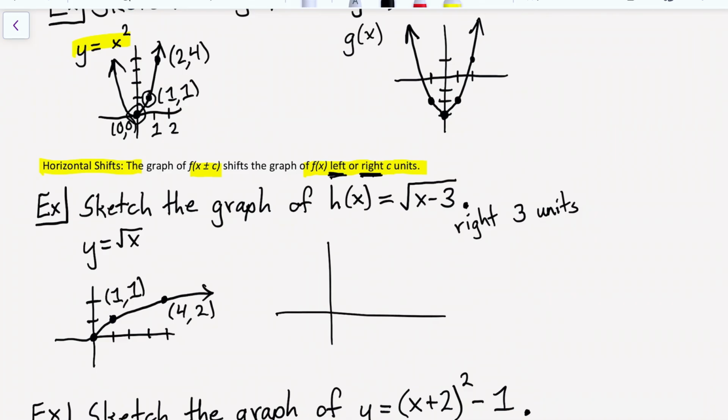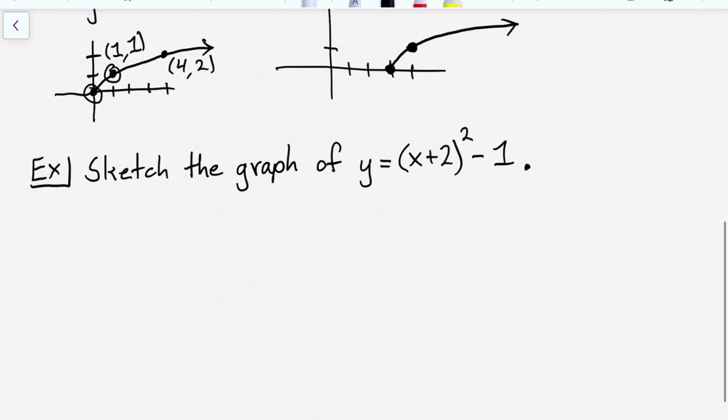And as we sketch the new function, h of x, we're going to take every x value and we're going to shift it right 3 units. So instead of a point at (0, 0), I'm now going to have a point at (3, 0). Instead of a point at (1, 1), I'm now going to have a point at (4, 1), and so on. This is enough information to sketch the graph of our transformed function.